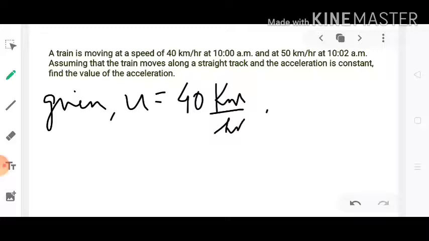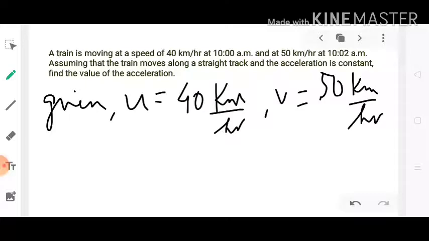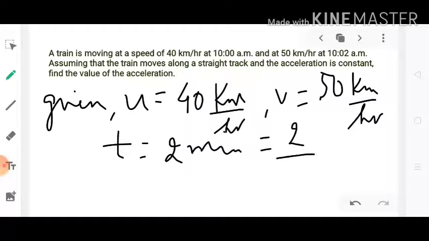So given initial velocity 40 km per hour, final velocity 50 km per hour. What is the time? Time interval is 10 am to 10:02 am. So time is 2 minutes. Again convert it from minutes to hours. So 2 by 60.